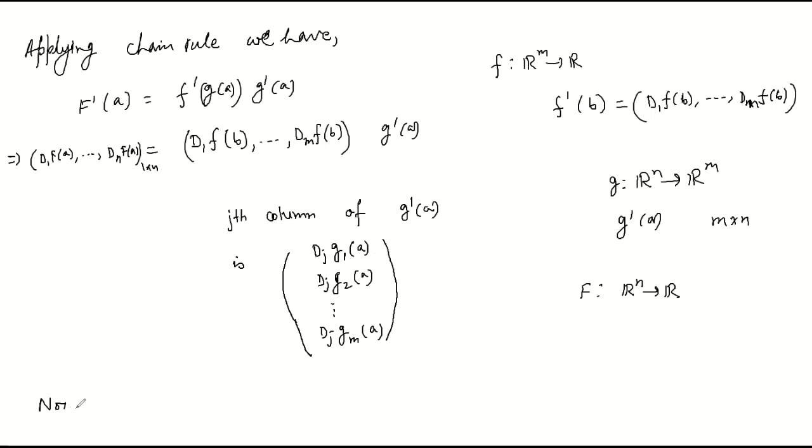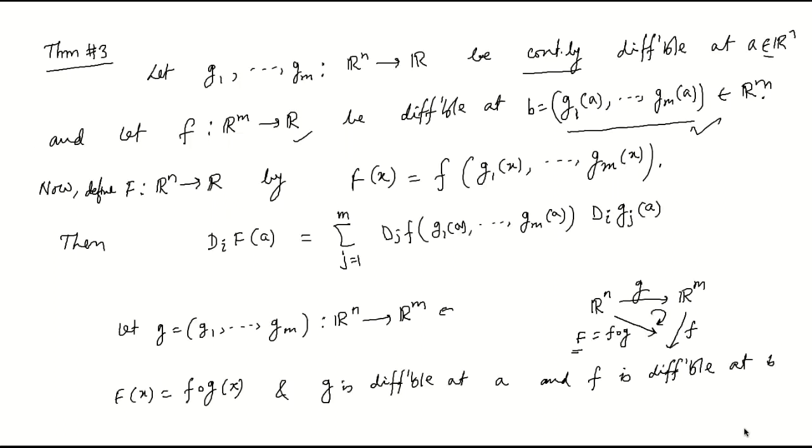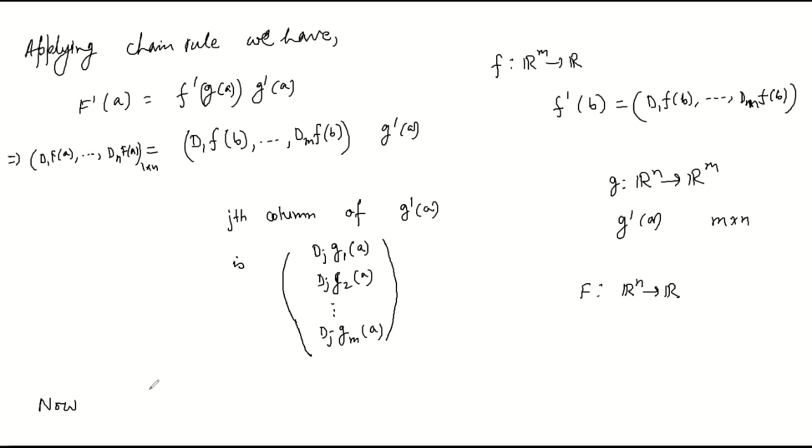Now what we have to prove: the ith component, d_i of F at A, is equal to this row matrix multiplied with the ith column.